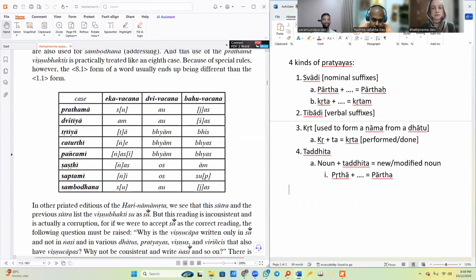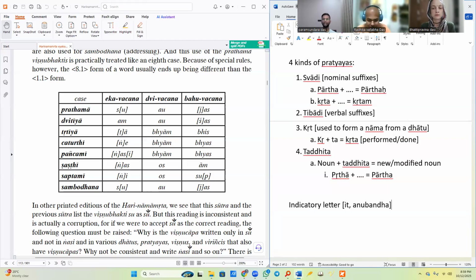Will Sir eat up u if they are next to each other or something like that? No. First of all, these letters in the brackets are called indicatory letters. In Sanskrit, we call them it, or anubandha.